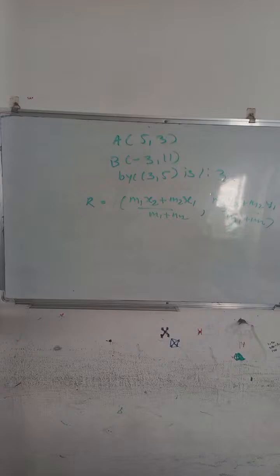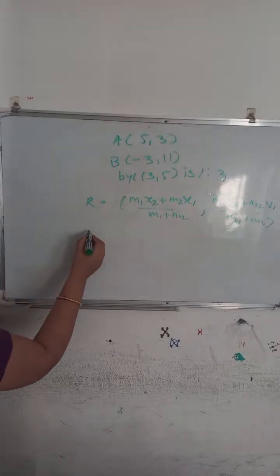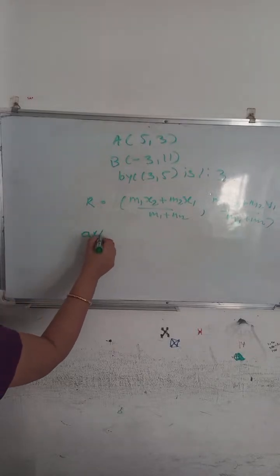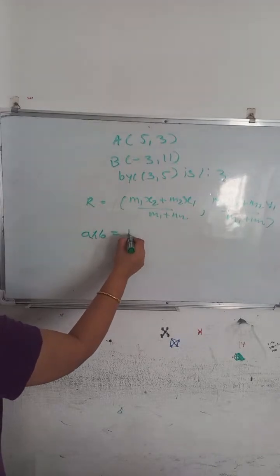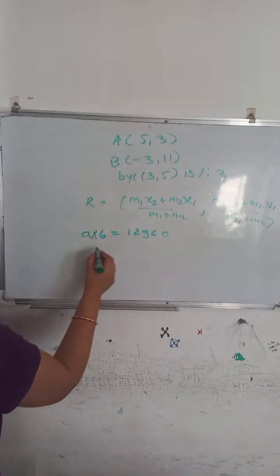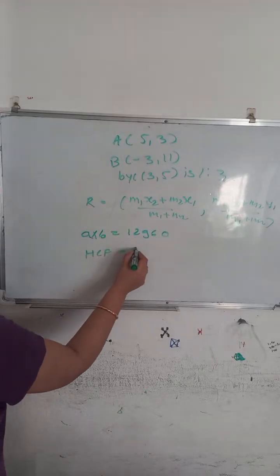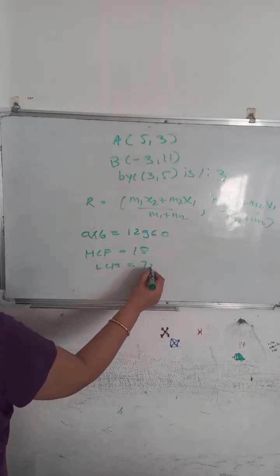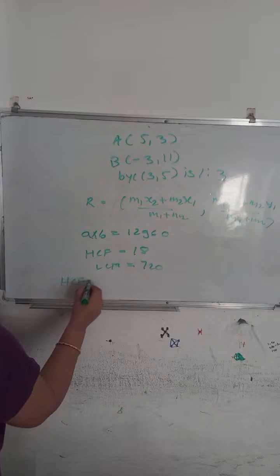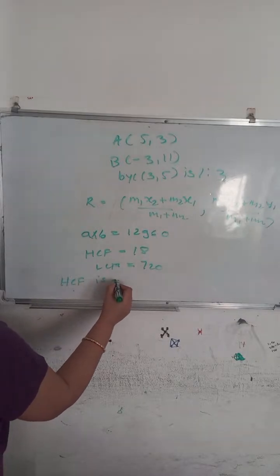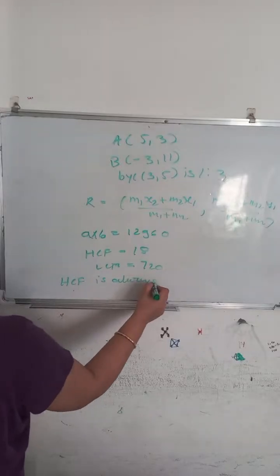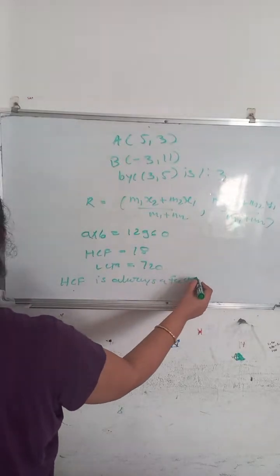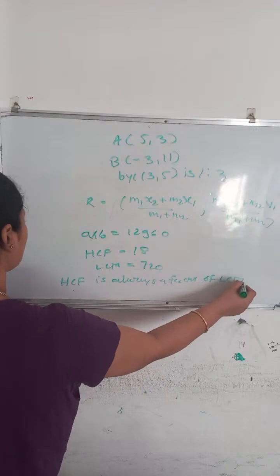Now next reasoning assertion, write down. If the product of two numbers A and B is equal to 12,960, and their HCF is 18 and LCM is 720, then they are saying HCF is always a factor of LCM.